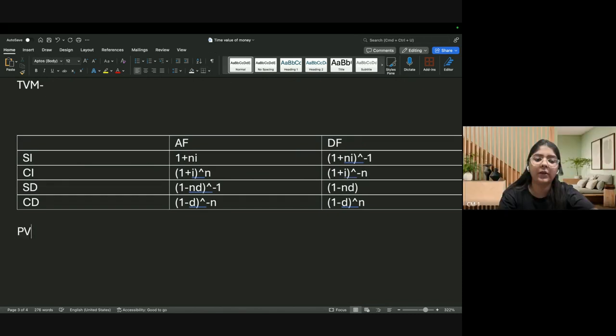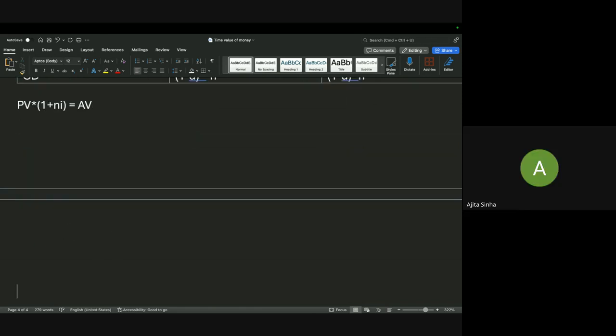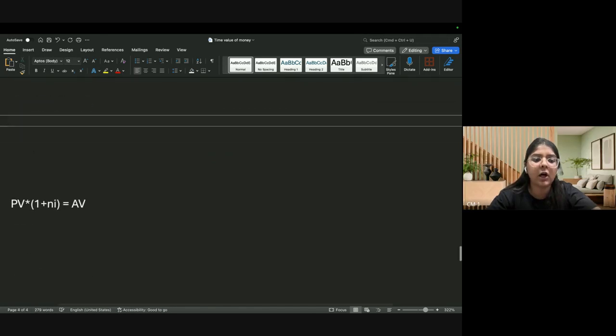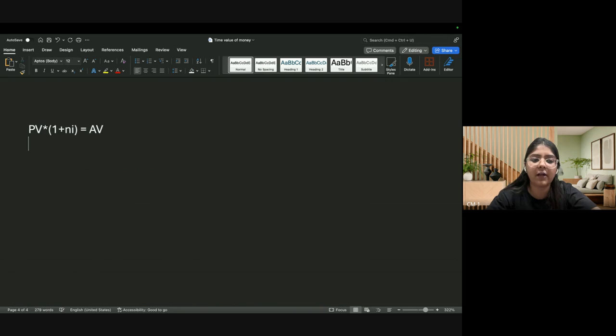So what we are doing, present value multiplied by the simple interest formula, which is 1 plus ni, will give me my accumulated value. Present value into accumulation factor will give you your accumulated value. Now, if you want to calculate present value from this, what will you do?